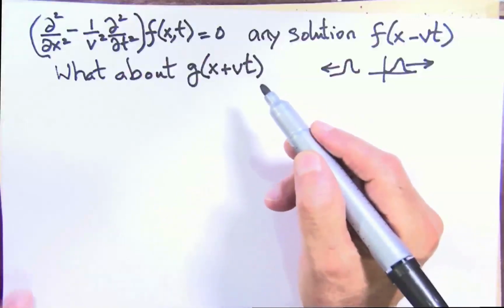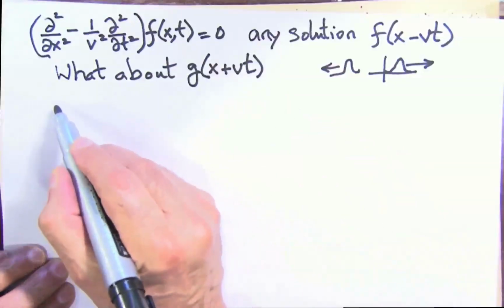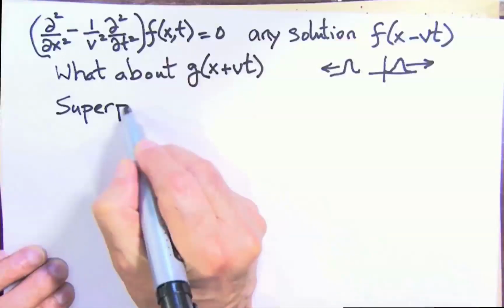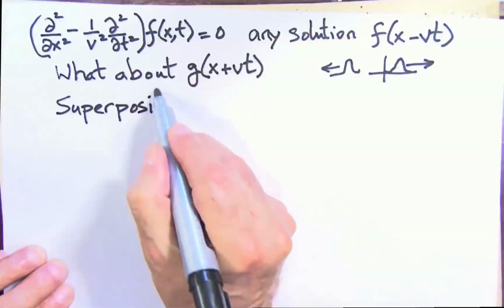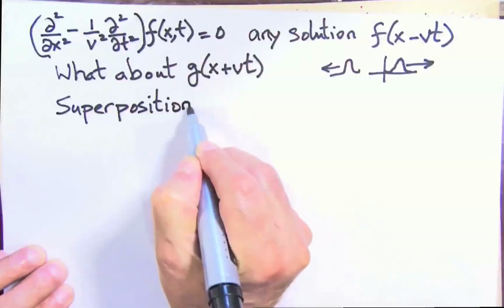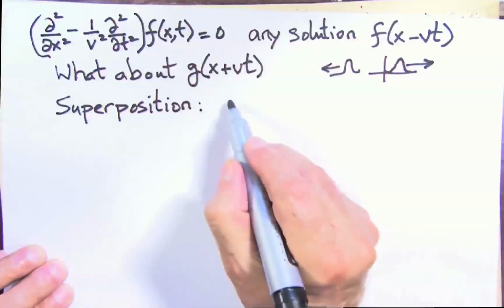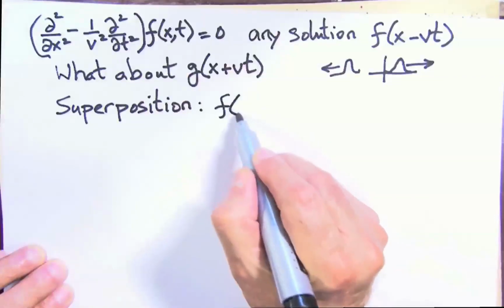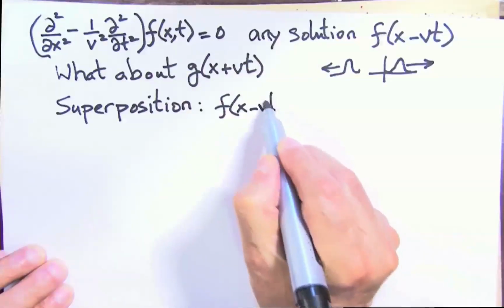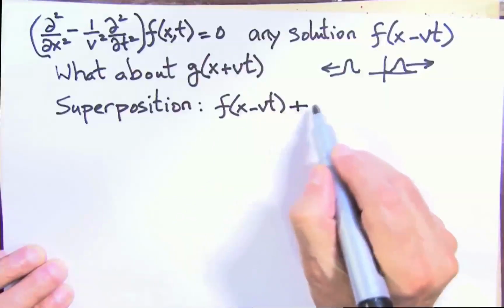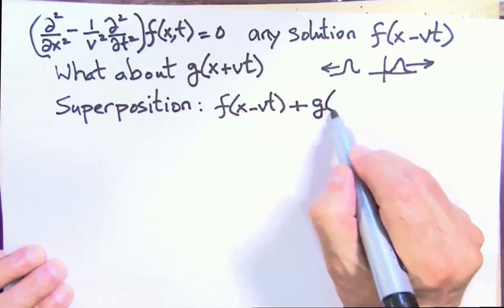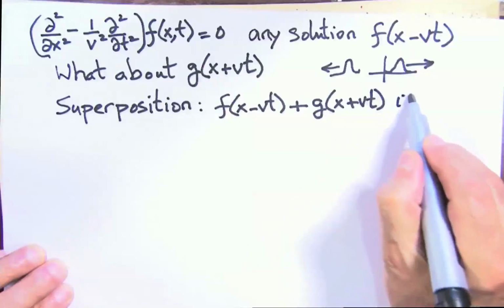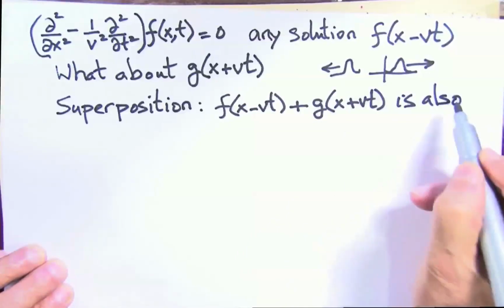Okay, now here comes the principle of superposition. Superposition simply means that I can take two solutions and add them together. So the principle of superposition says that f of x minus vt added to g of x plus vt is also a solution.